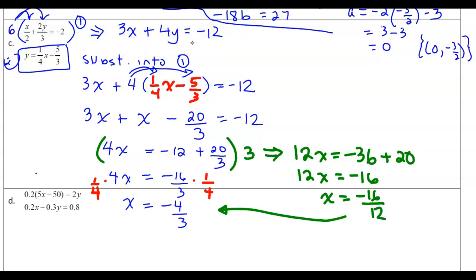Here's how you can tell what might be easier. Look at the denominator here. It's a 3. If I put it in for x there, I'm going to multiply by 3. Well, that means the 3's will divide out. So that's going to be pretty easy to solve. If I put it back into the second one, I'm going to have fractions, and you'll need a common denominator.